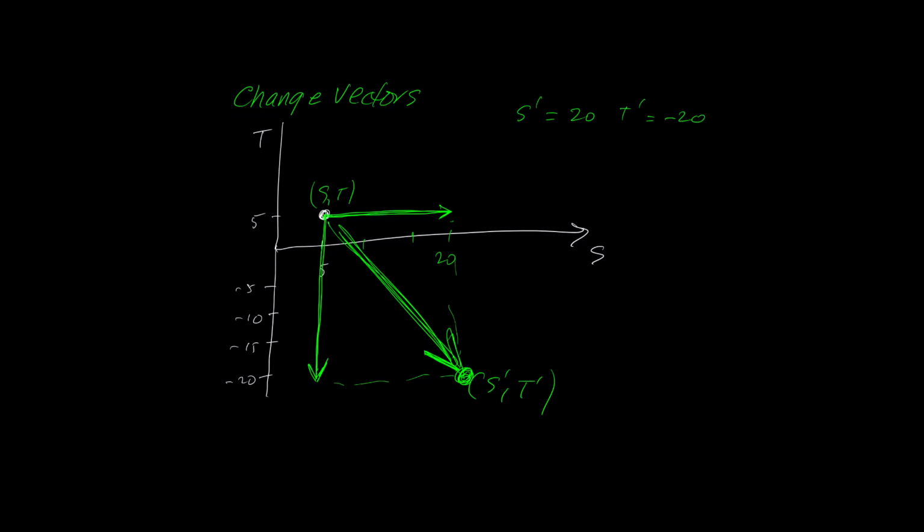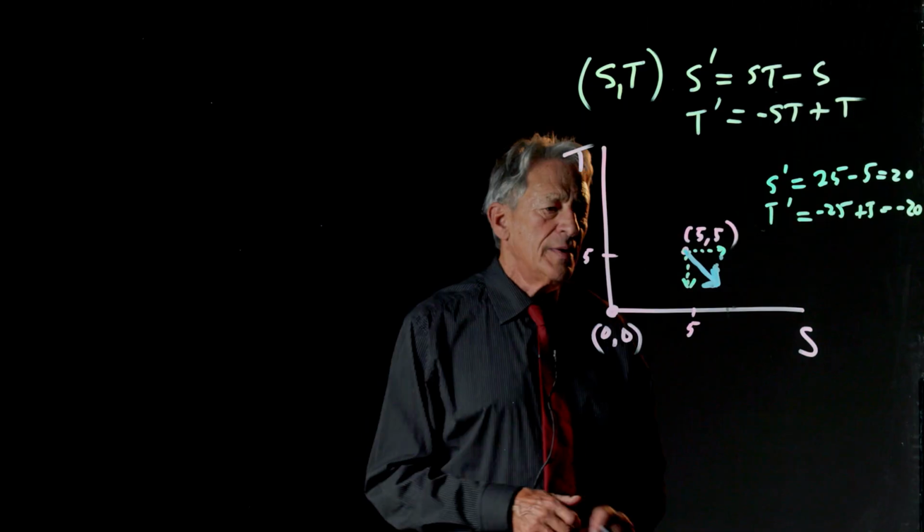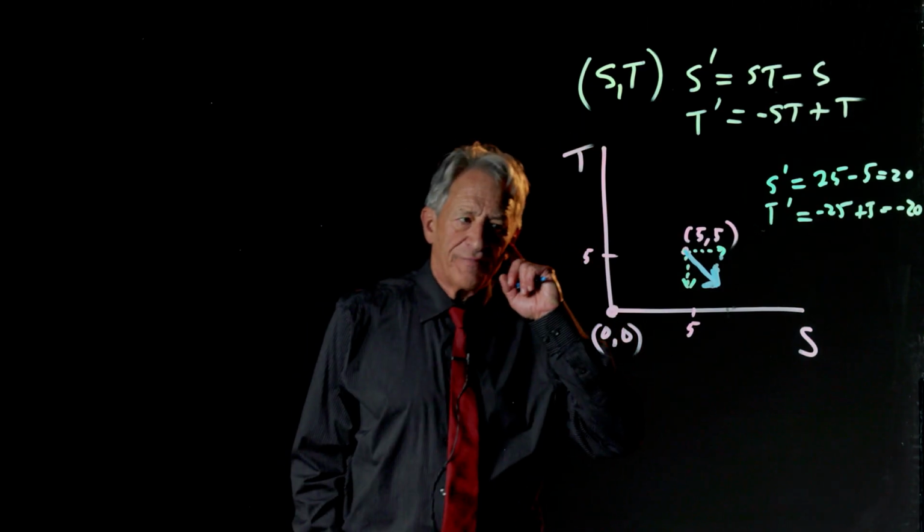And the answer is no, it's not a problem, because this very large change vector tells you where you would end up if you followed it for a long time, one whole time unit. But we're not going to do that. What you're going to see is we're going to be following those change vectors for very, very short times. And so we will never go so far as to plunge into la-la land following that change vector. And that's going to be our change vector at the point 5, 5.